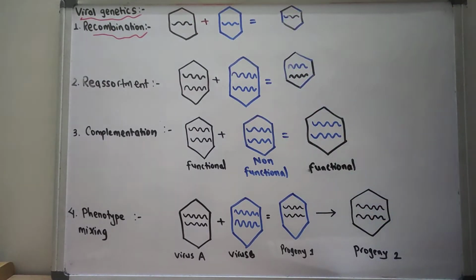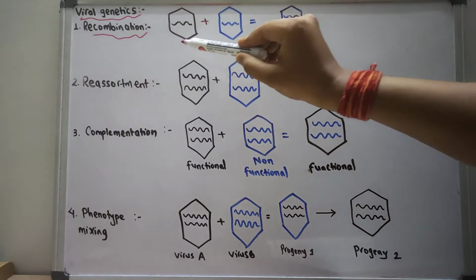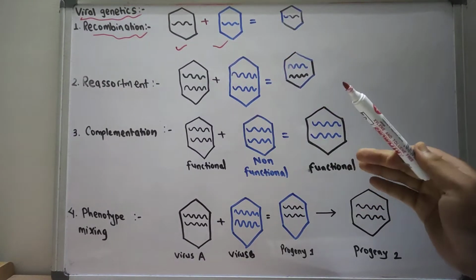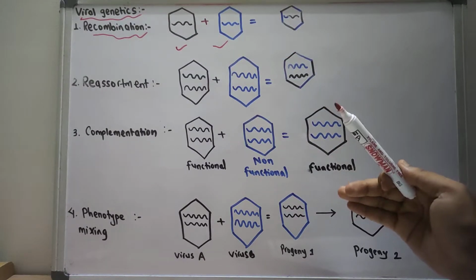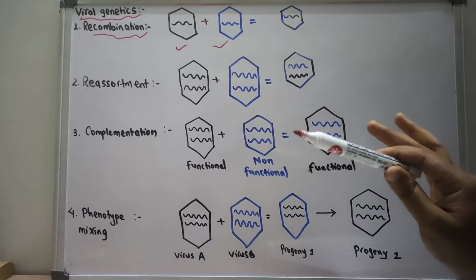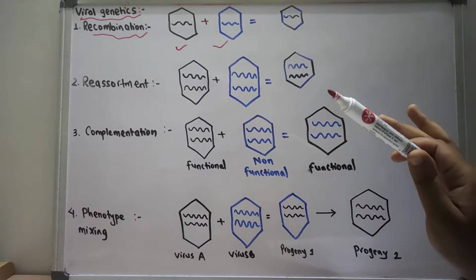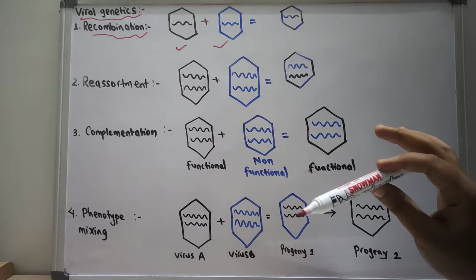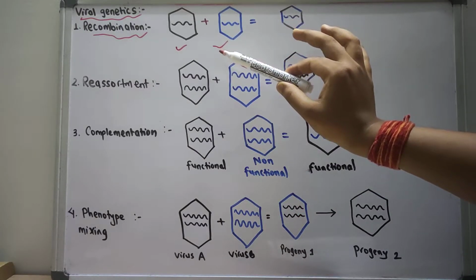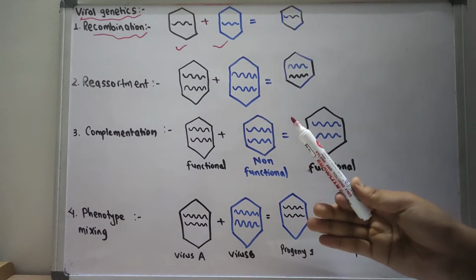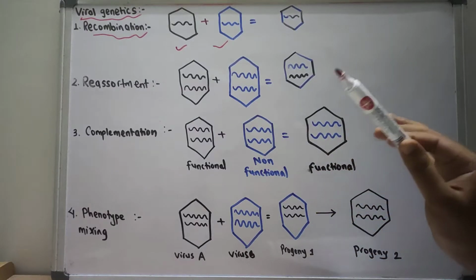So in recombination, there are two viruses, and there is exchange of genes between the two chromosomes by crossing over within the region of significant base sequence homology. That means genetic recombination may occur when two different but related viruses infect a cell simultaneously.